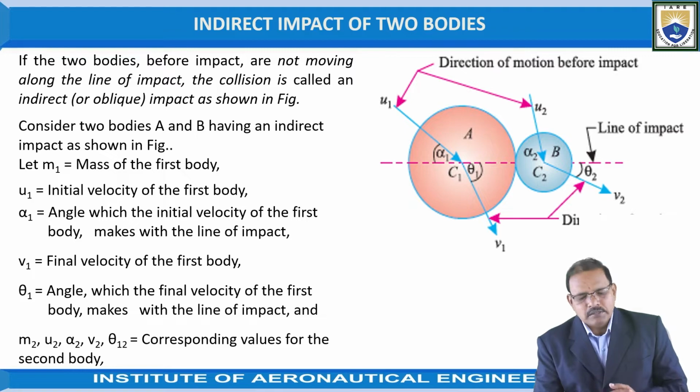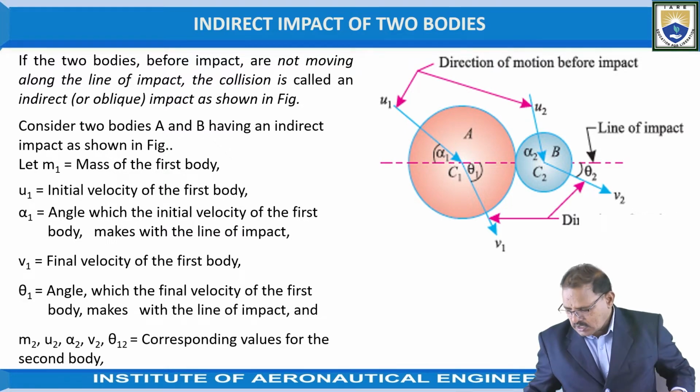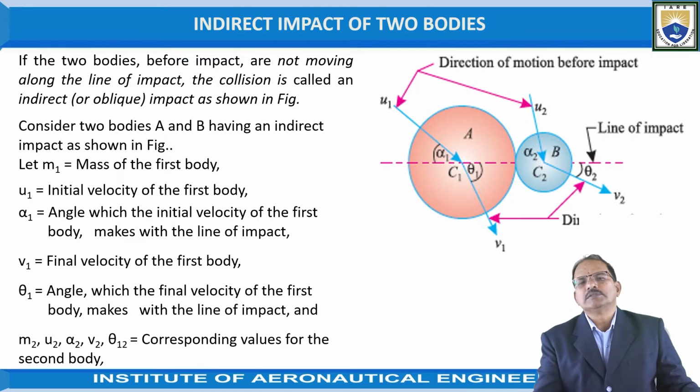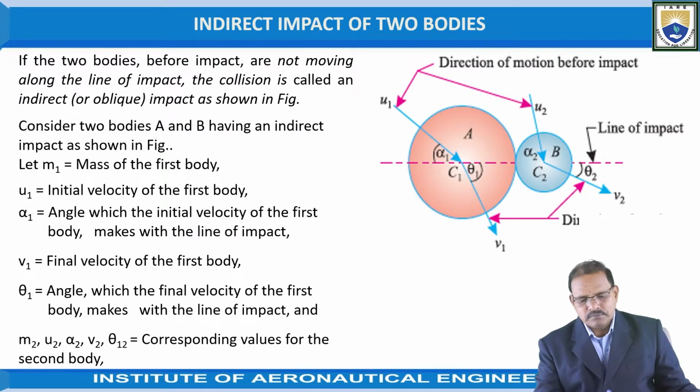In indirect impact, assume m1 and m2 are the two bodies moving with initial velocities u1 and u2, as shown in the figure. The line joining the centers of the two colliding bodies, C1 and C2, does not pass through the point of impact.